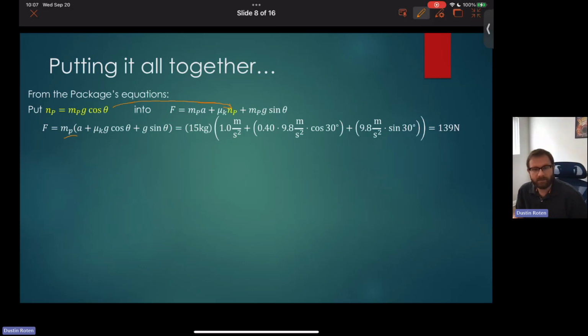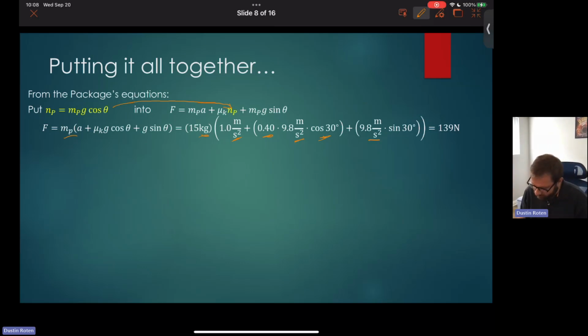Everything else is just an acceleration. So you'll notice I got kilograms out front. Then I have A, which is the acceleration that is required of the package. I have acceleration due to gravity with some terms here. This is just scaling gravity, right? I'm 40% of gravity times this scaling over here of cosine of 30 degrees. These terms over here are just tweaking my gravity to make it fit into the problem.